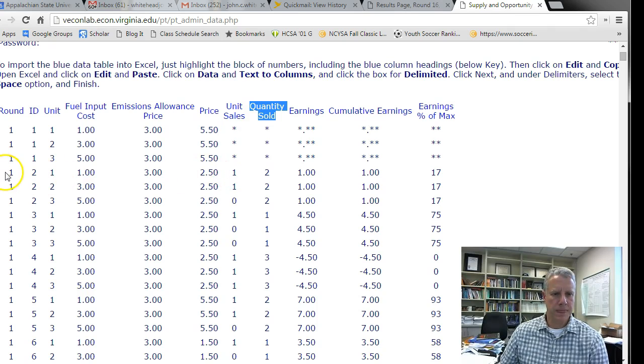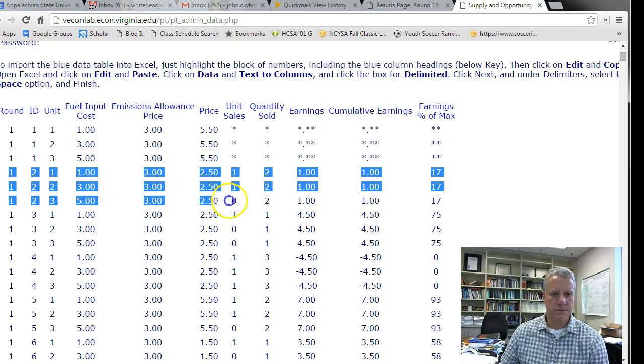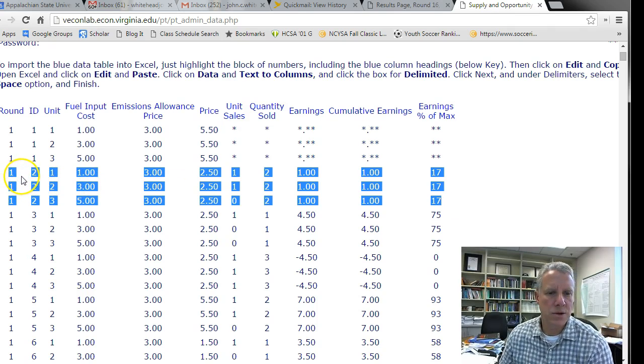So for round 1, ID 2, units were sold for the first and the second cost, and then so adding those together, the quantity sold is 2.